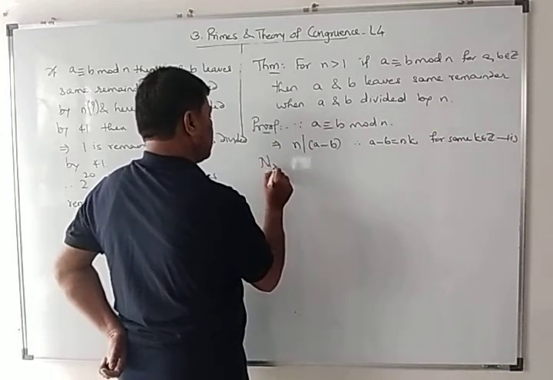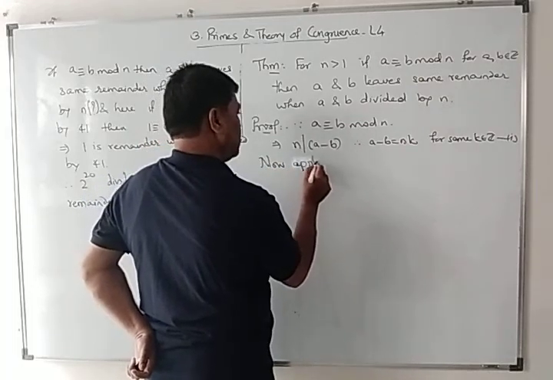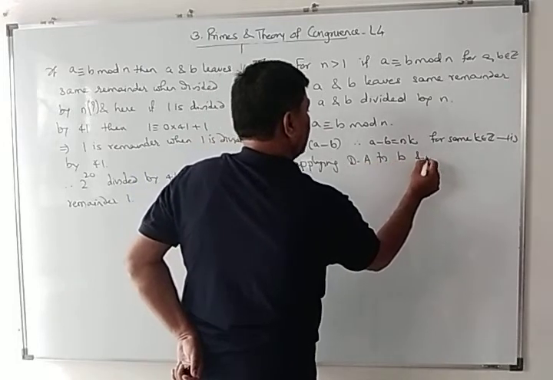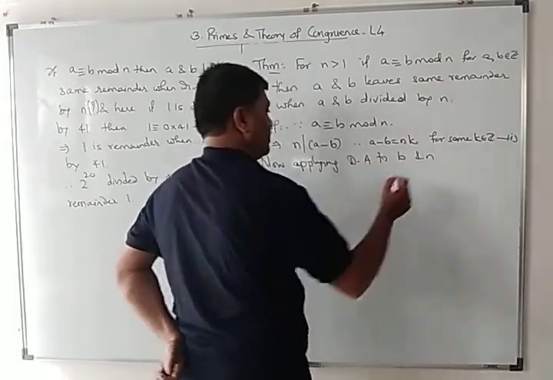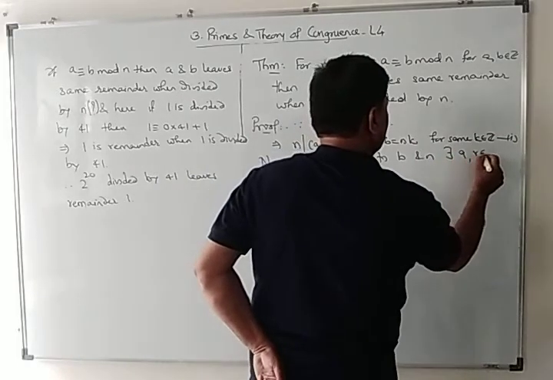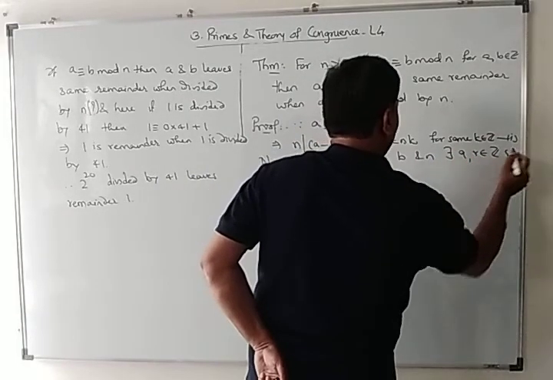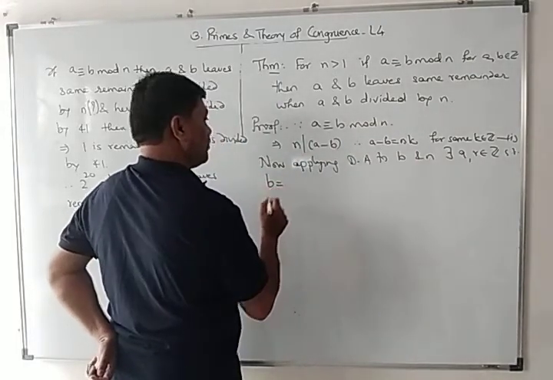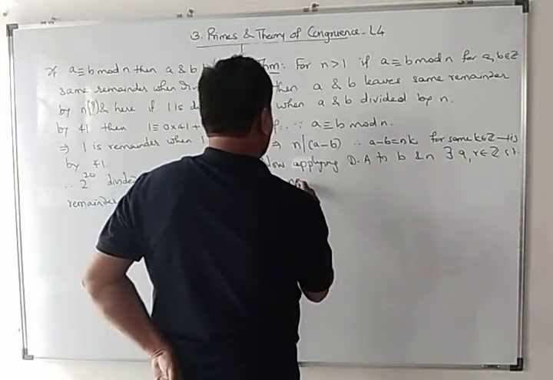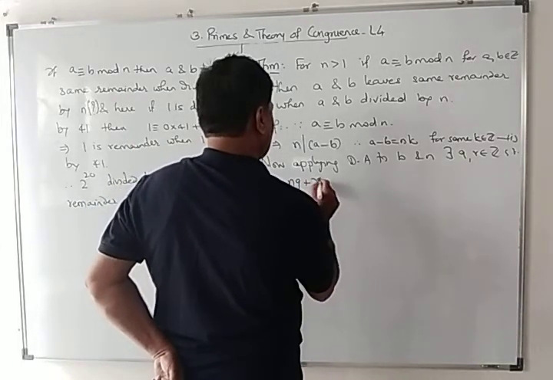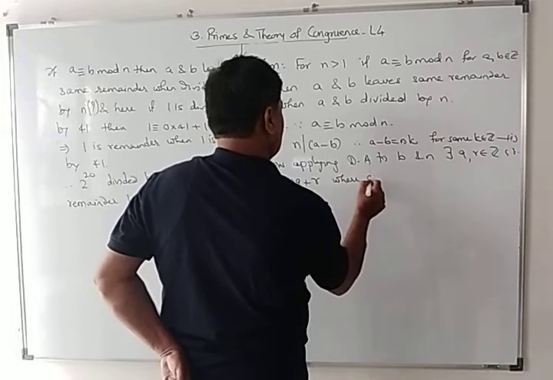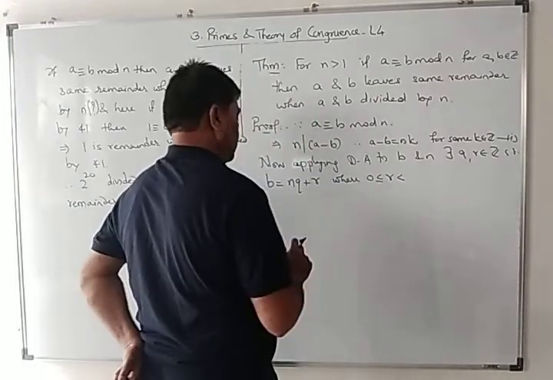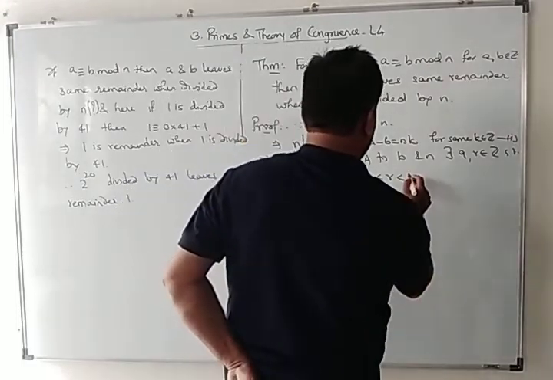Now applying the division algorithm to B and n, there exist q, r belonging to Z such that B is equal to nq plus r, where 0 is less than or equal to r less than n.